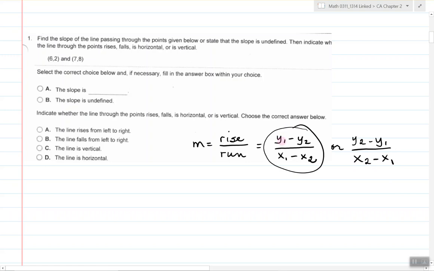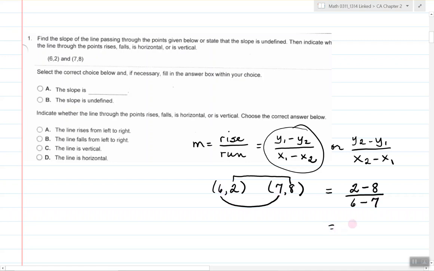In your points, we have 6, 2, and 7, 8. The y's are those elements. The x's are those elements. So the slope is 2 minus 8, difference of the y's on top, 6 minus 7 on bottom, difference of the x's.